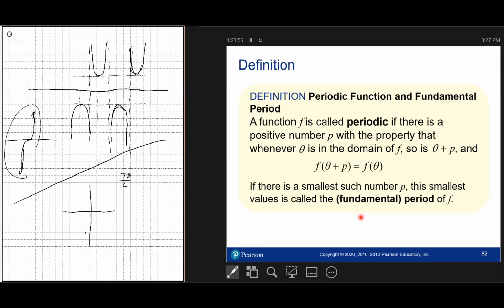So 7/2 pi is 4/2 pi plus 3/2 pi, right? Because look at what a full revolution of the circle is. Well, that's 2 pi, so that's 4 pi over 2. That's the same as 2 pi. And then when I add 3 more pi halves to it, it gives me the 7 pi over 2.